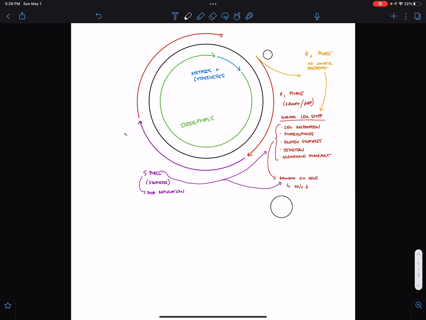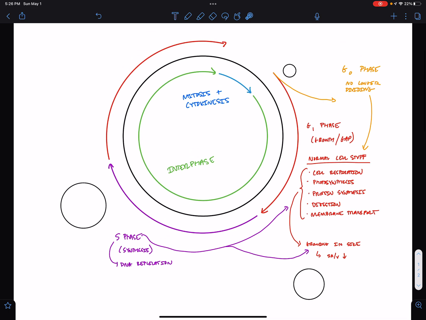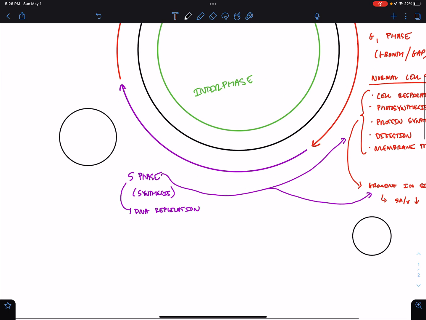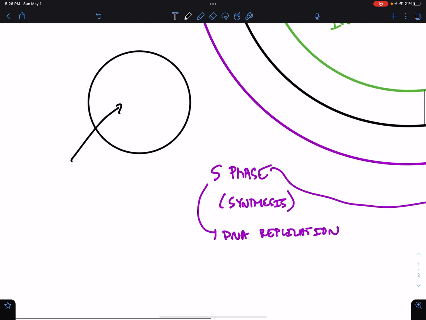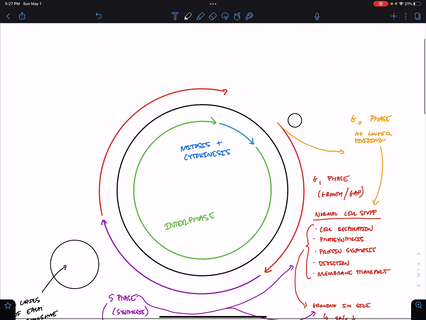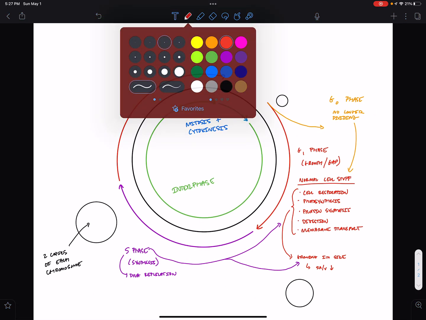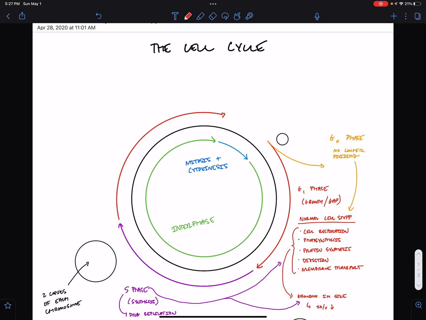At the end of the S phase, the cell is bigger. And now it has 2 copies of every chromosome. I guess we'll write that in here. So in the nucleus, there'll be 2 copies of each chromosome. And then after the S phase, there's another phase called the G2 phase.